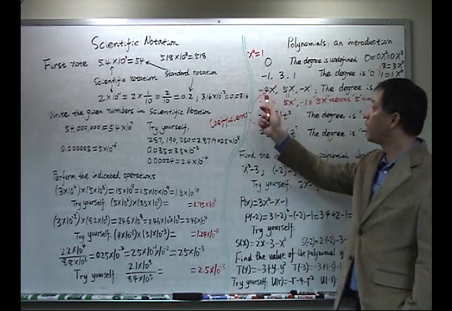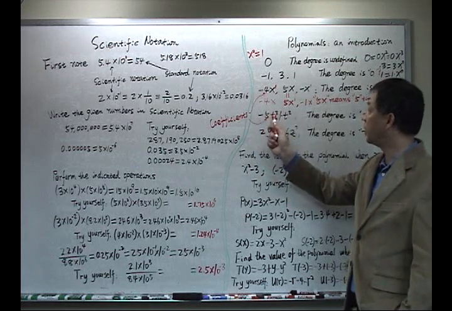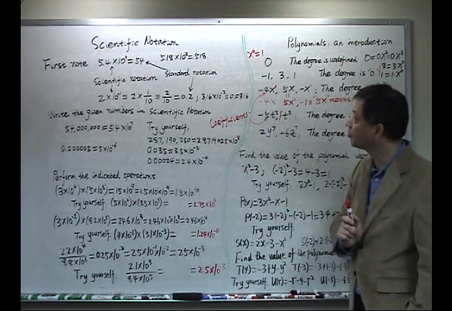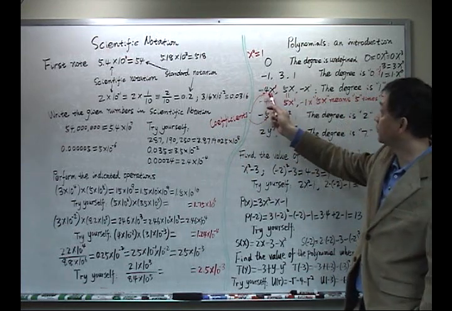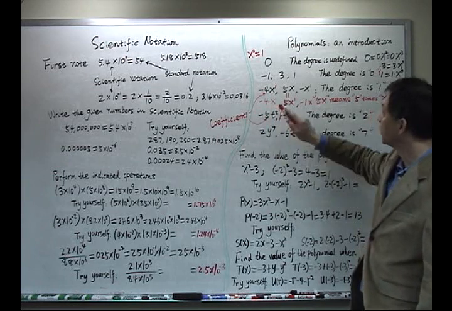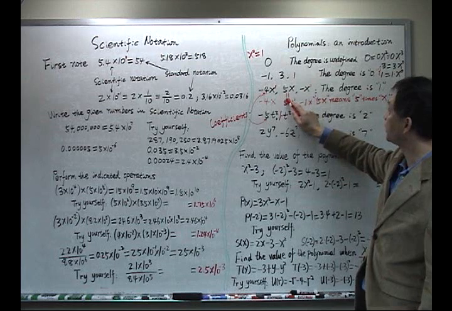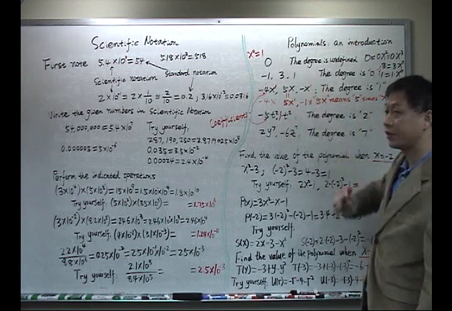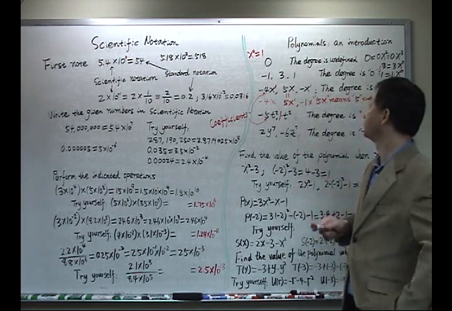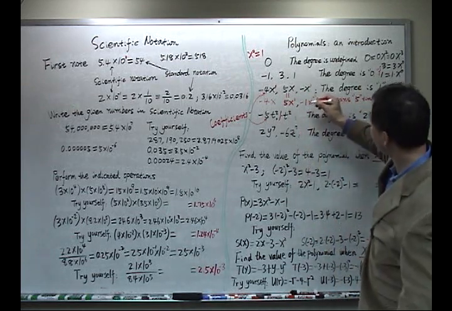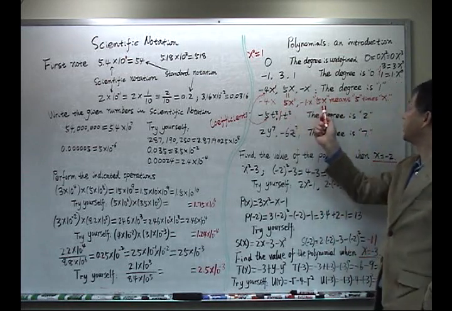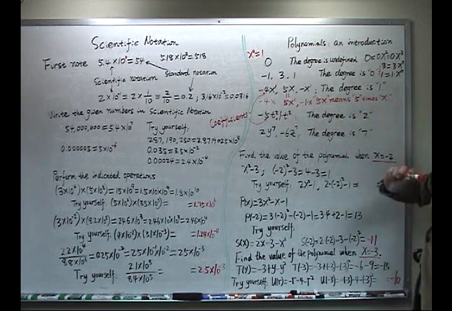There are some constants in front of variables. We call these constants coefficients. Like negative 4x, the coefficient of x is negative 4. 5x, the coefficient is 5. Negative x, the coefficient is negative 1, because negative x means negative 1 times x. 5x means 5 times x.